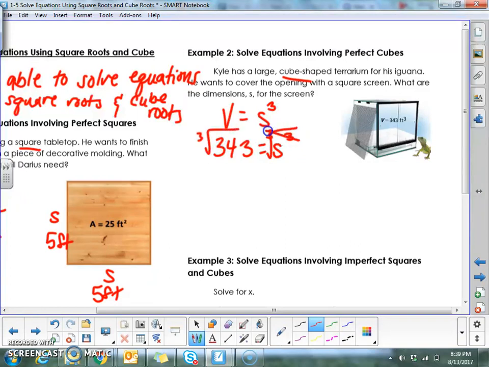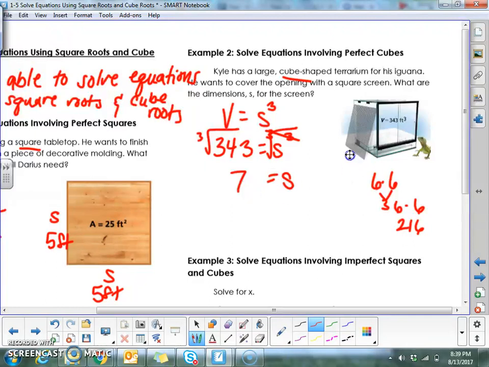These cancel each other out, and I end up with S is equal to the cube root of 343. If you're not sure, you can go through some numbers and multiply them. Let's say 6 times 6, which is 36, times 6 again is 216. That's a little low, so you would try 7, and 7 is actually the cube root of 343.